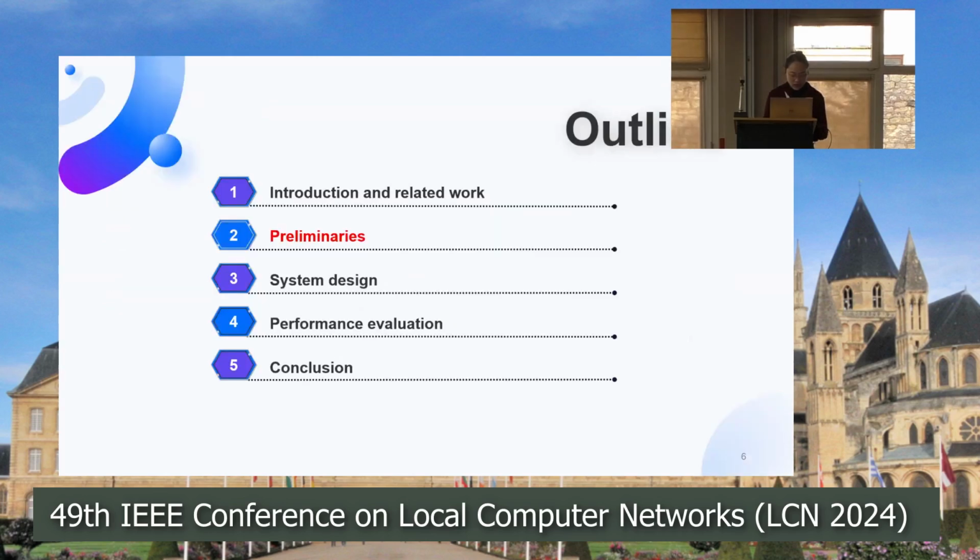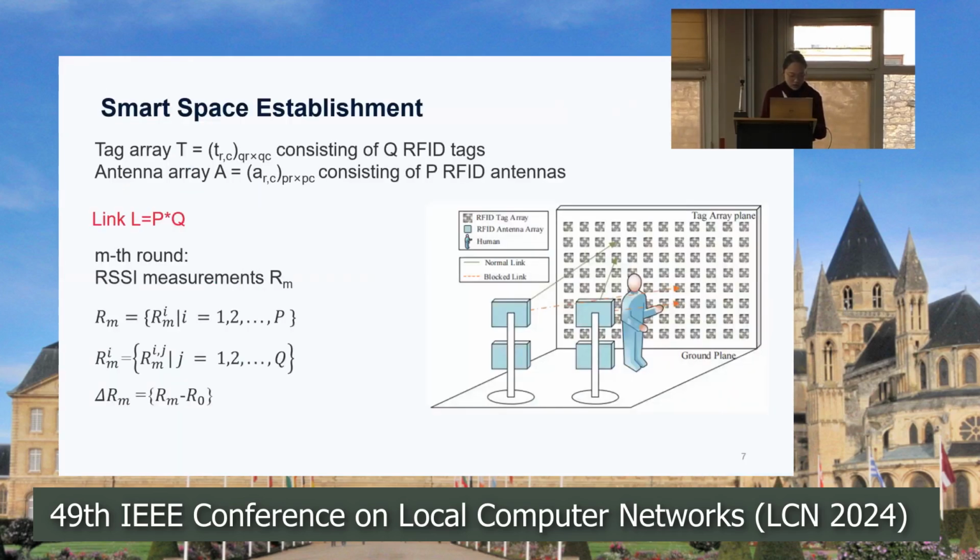Then let's focus on some preliminaries of our work before we get into the main part. As shown in the figure, an array of RFID tags is pasted onto the wall with a two-layer antenna array placed relative to it. Thus, an RFID-equipped smart space is created with multiple antenna and tag links.